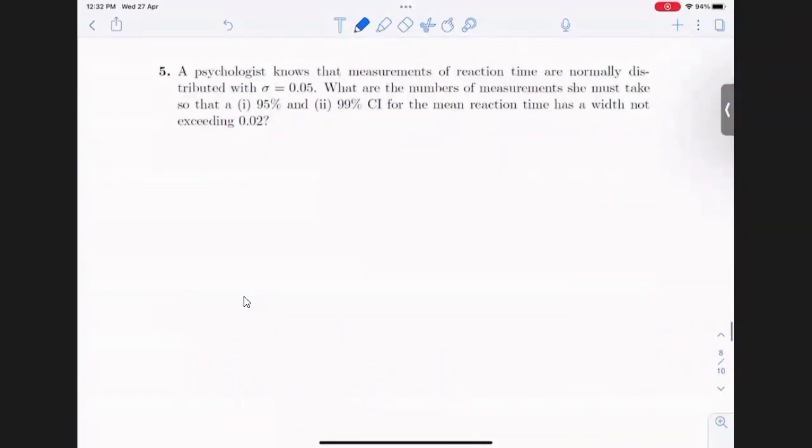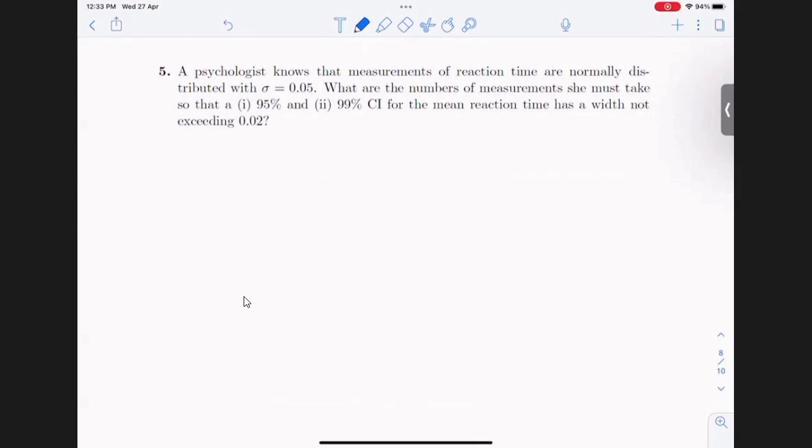Now, let's consider another question in the problem sheet. Question number 5. This question is not exactly asking you to find a confidence interval, but it is related to the confidence interval. It says that we would like to find a sample size, the number of measurements we should take, in such a way that the confidence interval of the mean reaction time will have a width no greater than 0.02.